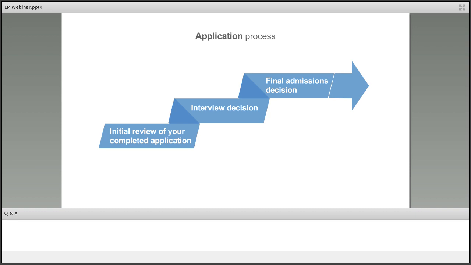Something to remember when we review your application is that we have a very holistic approach. We don't just focus on one thing that you have to offer. So for instance, if you're lacking in global experience, or if your undergraduate isn't that great, we're not going to base our decision only on that. We will still see what you have to offer, the experience that you have, the career progression that you have, and how you will be contributing to the classroom.